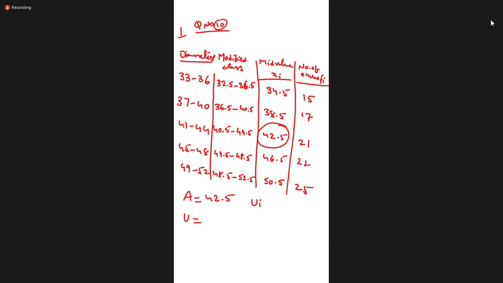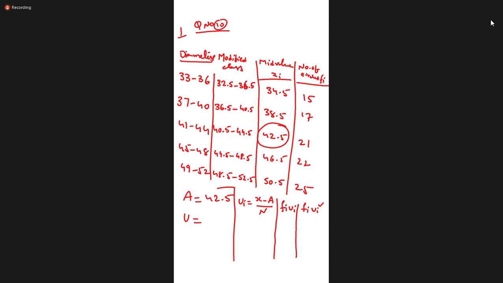So ui, you have to write like this: ui is equal to x minus a by n. This is one column. Next column Fi ui, next column Fi ui square.